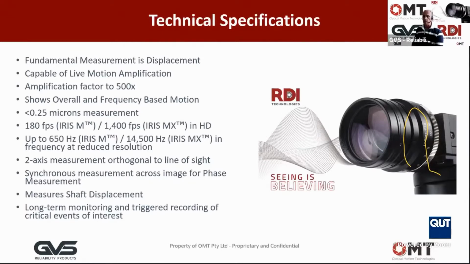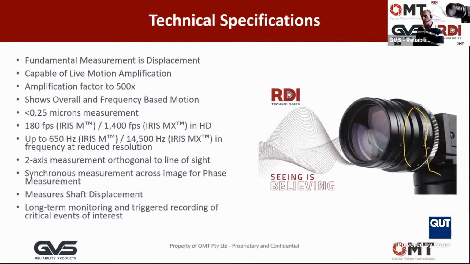We have the ability to amplify whatever motion we've detected up to a maximum of 500 times. So there's plenty of scope for amplifying the motion to get it to the threshold where we can actually see it with our naked eye. We can also slow it down when we're playing it back, so we've got control over the playback speed when reviewing the video footage we've captured.